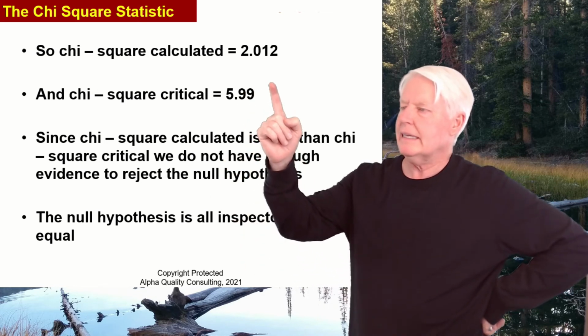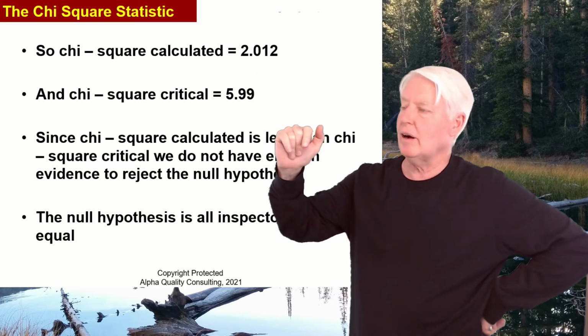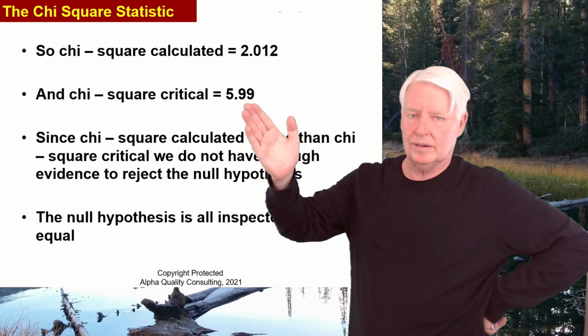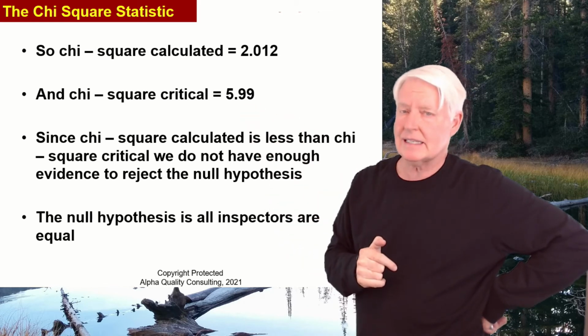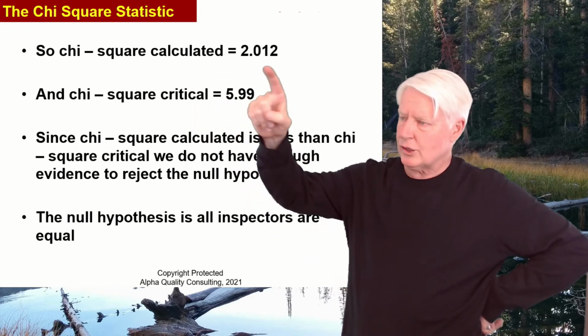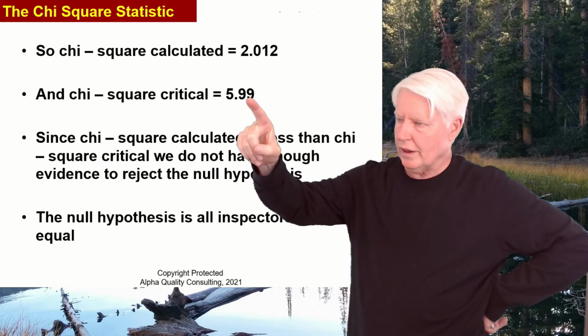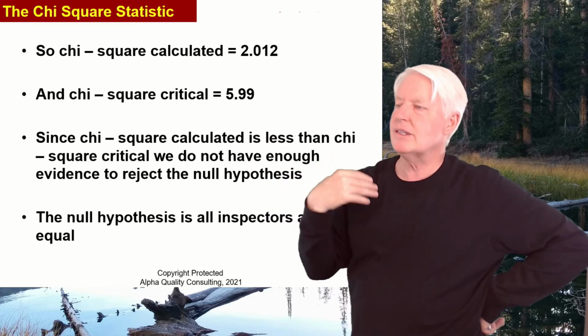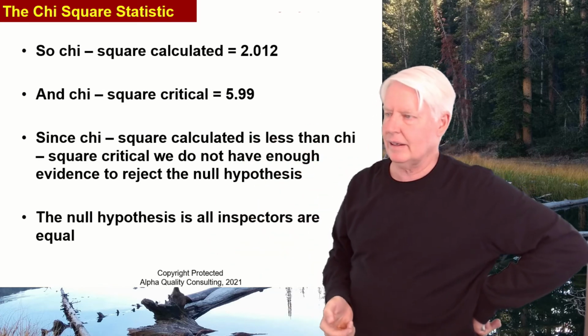Just know, in this case, for this particular calculation, if chi-squared calculated is less than chi-squared critical, then they are statistically insignificant. If the chi-squared calculated was more than 5.99, let's say it was 10, and this is the critical, then I would say there is a statistical significance.